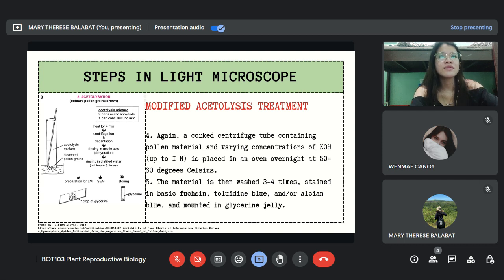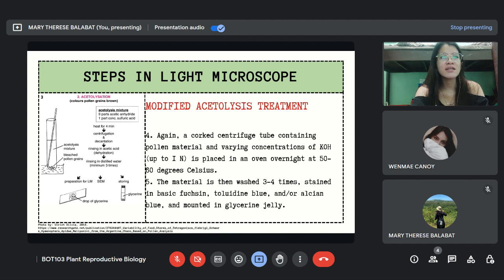So, pollen mounts prepared by these techniques may be studied and photographed in the light microscope at the level of the whole grain topography to determine the aperture type, for example, then at highest magnification using various focal planes to analyze exine structure and sculpturing. So one may also photograph optical sections of exine, especially as seen in median optical view.